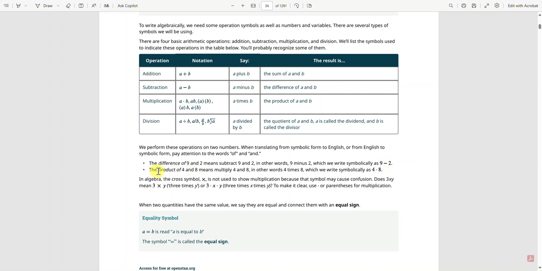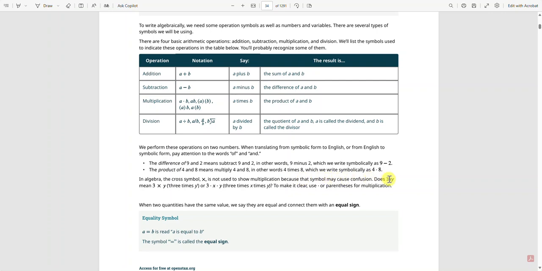The product of 4 and 8 means multiply 4 and 8. In other words, 4 times 8, which we write symbolically as 4 with that dot operator sign, and 8, 4 times 8. In algebra, the cross symbol is not used to show multiplication because, as I already explained, that symbol may cause confusion.